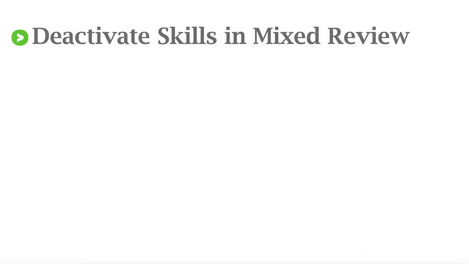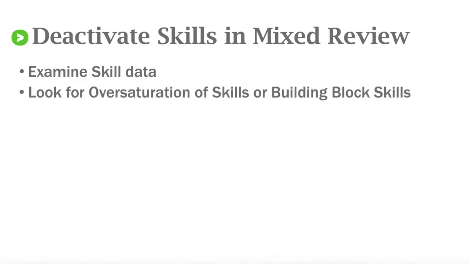Encourage teachers to go back and look at deactivating skills. This can be done by examining the skill data and making decisions based on how the students are doing on specific skills. It can be done by also taking a look for oversaturated skills or building block skills that are no longer necessary, and take advantage of using condensed skills that we provide in Get More Math.